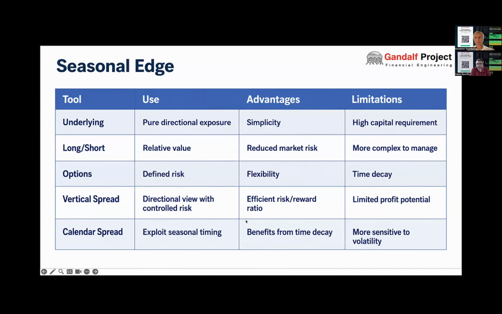You can even identify long and short, and then you can play relative value, maybe between two stocks. Then the one I prefer is options. They have defined risk and flexibility. Since I like credit spreads, I get an advantage from the time decay. The more time passes, the more I gain.